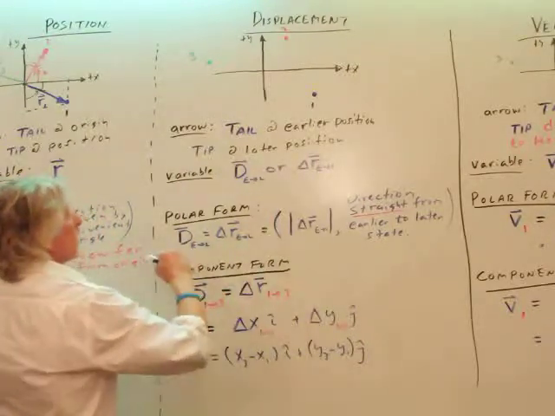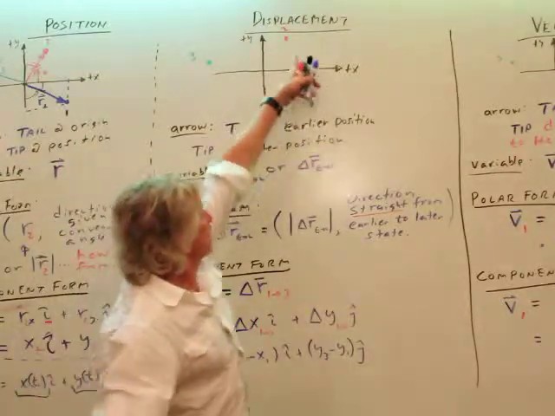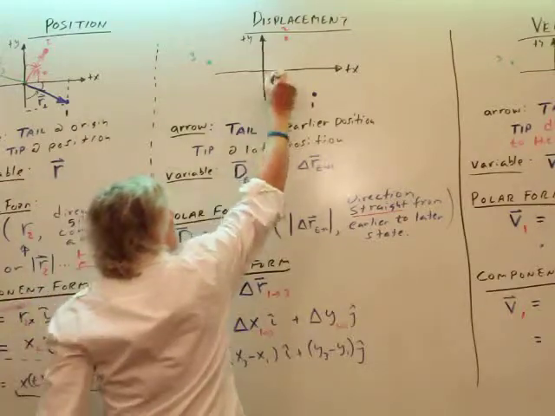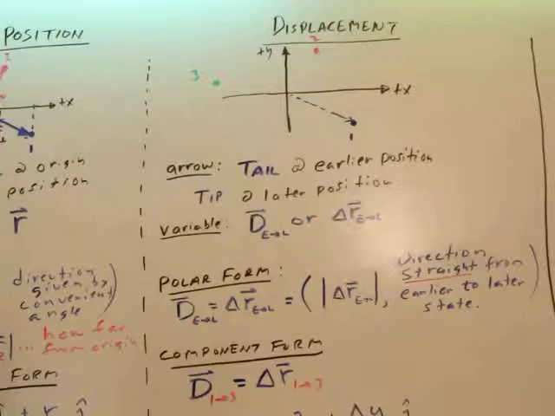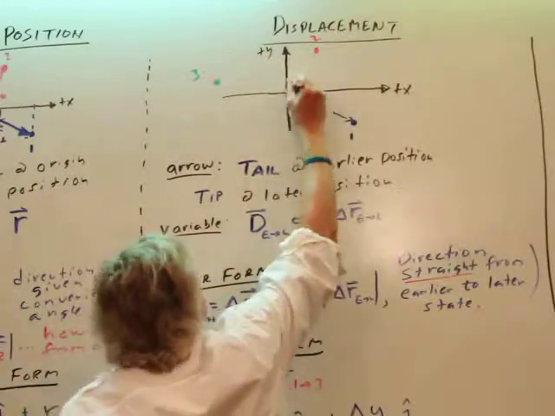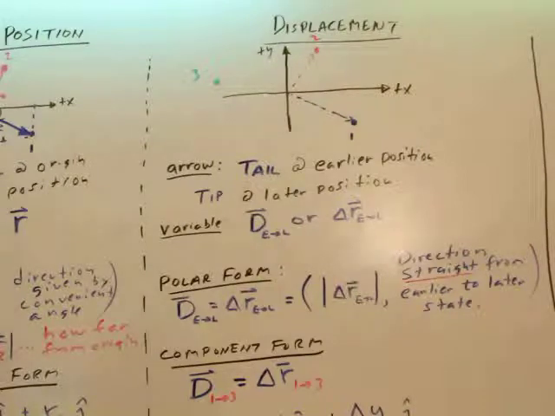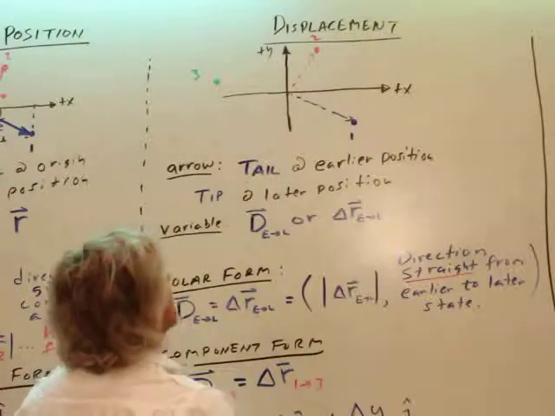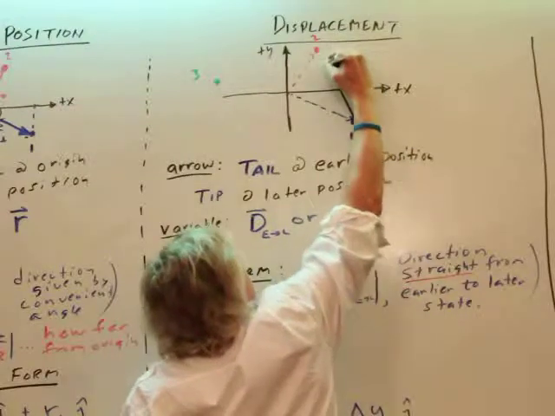Okay. So let's do that. Let's see, this is position 1, position 2, position 3. Notice that if I do the position vector, I'm going to go here. Boom. That's a position vector. Position vector 2 will be here. My displacement, or change in position, would be from 1 to 2.